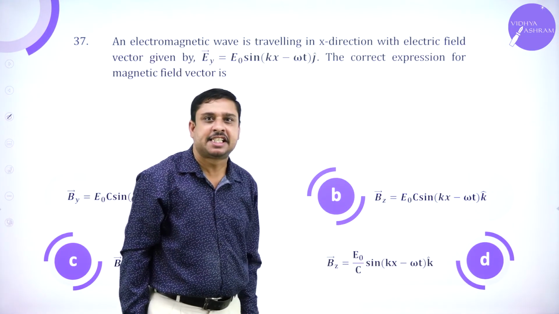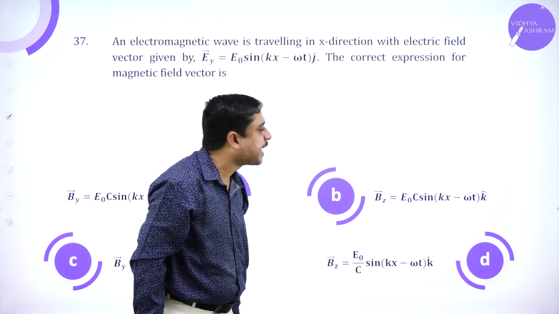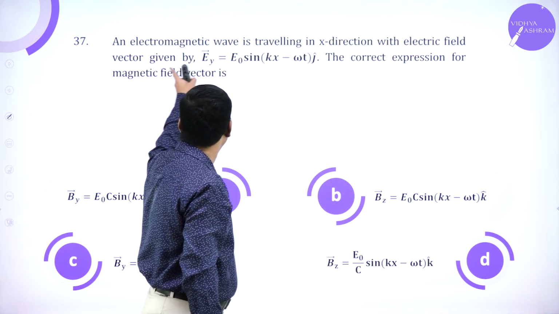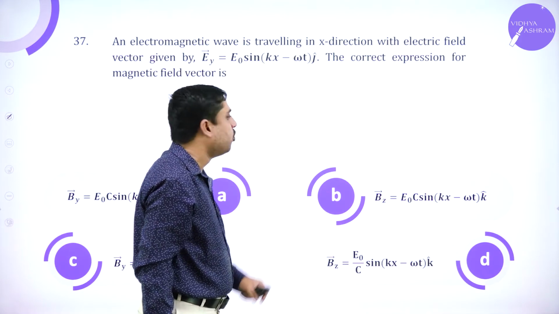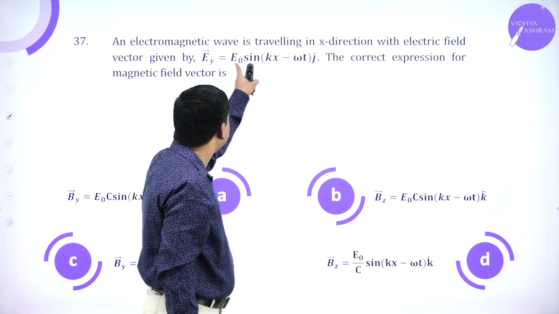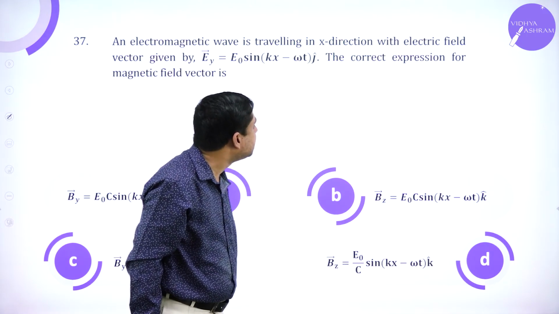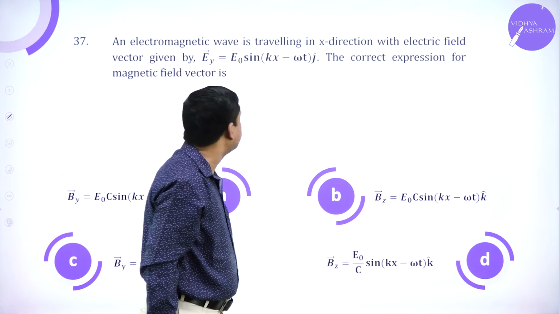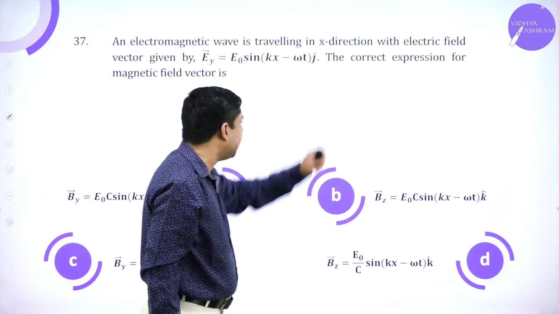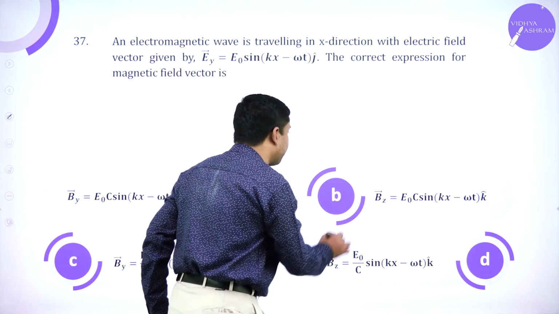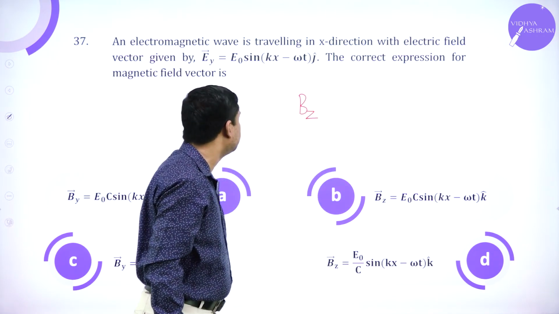An electromagnetic wave is traveling in X direction with electric field given by Ey equals E naught sin(kx minus omega t). Correct expression for magnetic field vector traveling in x direction. So magnetic field vector should be along Bz.